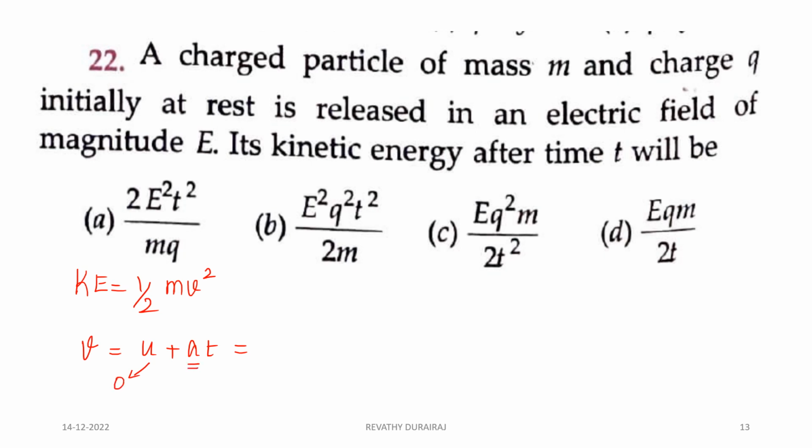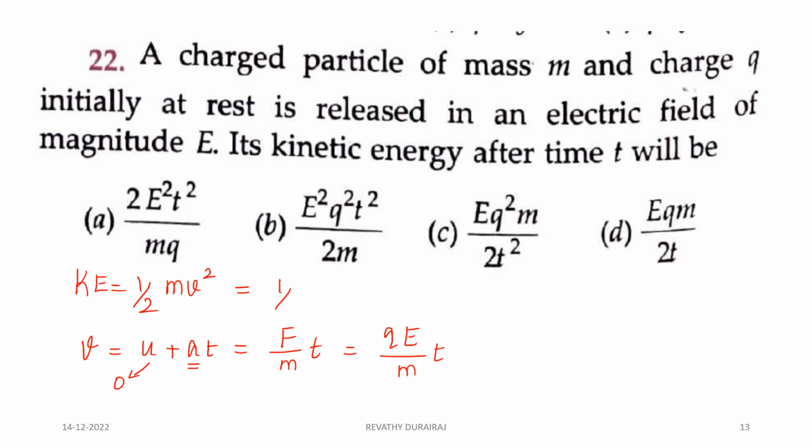The acceleration is force per unit mass, and then time t. The force acting on the charged particle is the force due to the electric field, so it is q times E divided by mass m and then time t. Now we have to plug this in here.